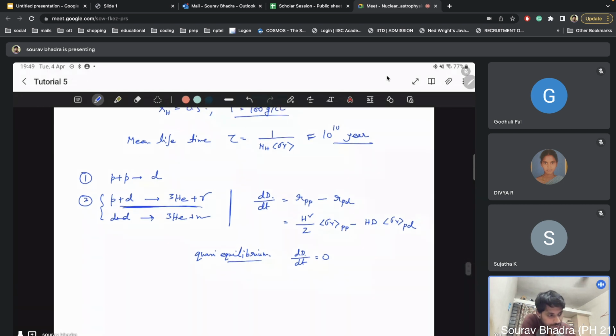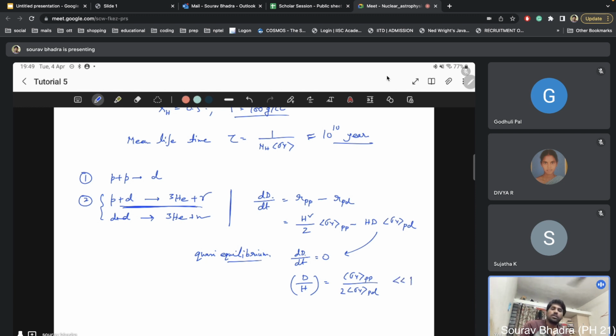So if you do it, then you can find that D by H, this is the number density of deuteron by protons, is sigma V pp by 2 sigma V pd. And we have calculated sigma V pp many times, and sigma V pd also, I think in the assignment problems, and this ratio is very much less than 1.